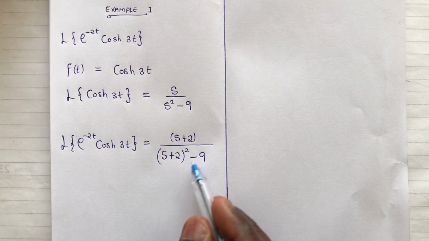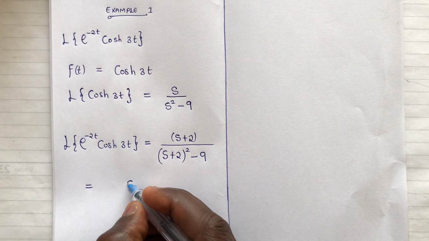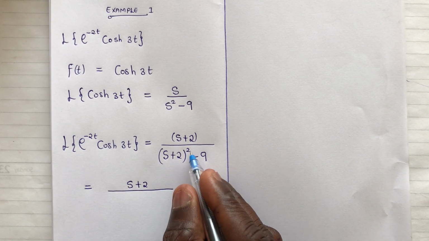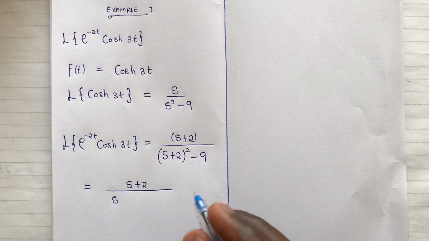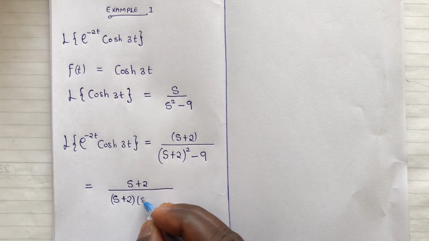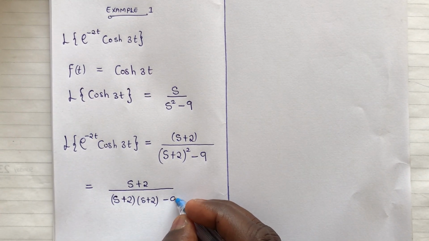Now, you break the denominator down. This is equal to s plus 2 all out of, when we break this down, this is the same as, let me do it for the sake of those who have problem, s plus 2 multiplying s plus 2, minus 9.